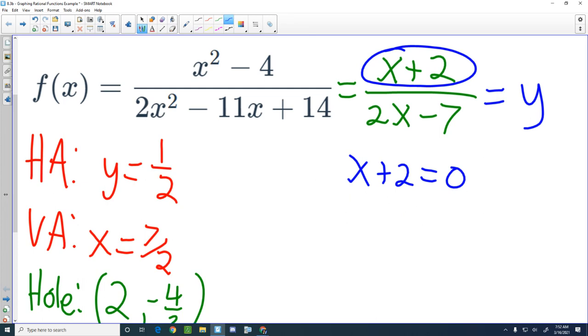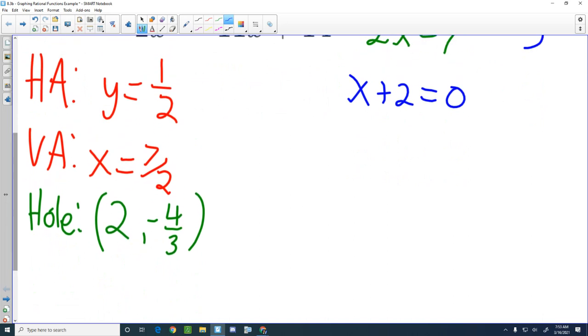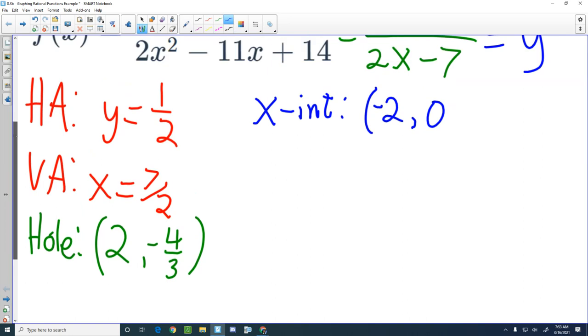And again, that's pretty easy math at this point. You're really just flipping the sign. So we know that, oh, well, there's going to be an x-intercept when x equals negative 2, right? You just subtract 2 from both sides. So we have an x-intercept when x equals, sorry, negative 2.